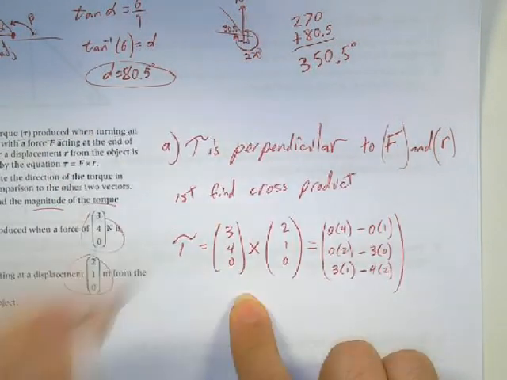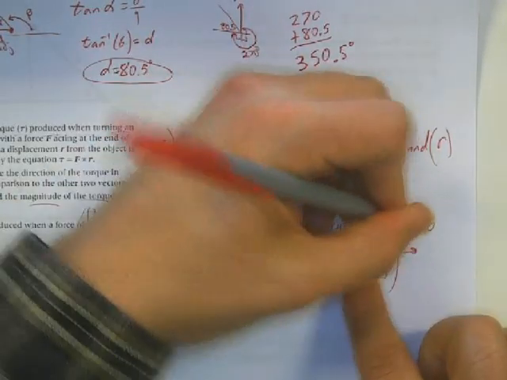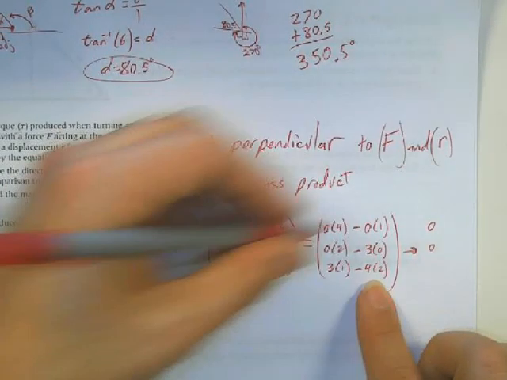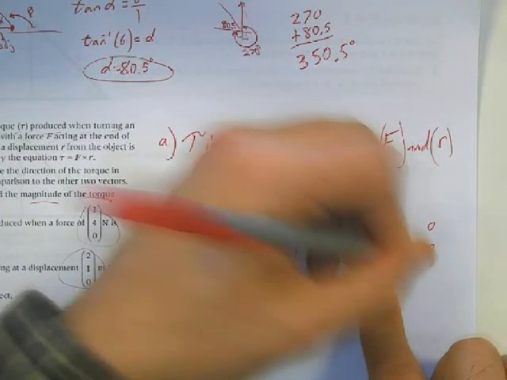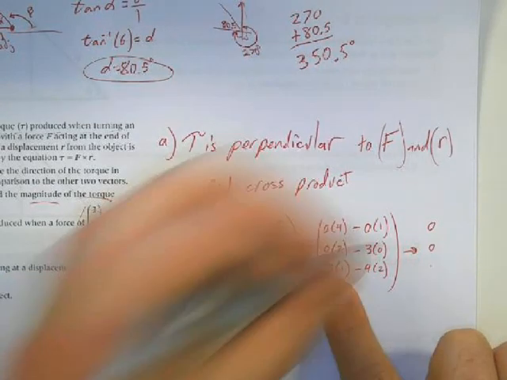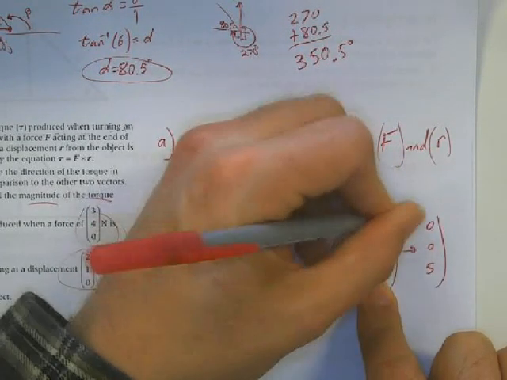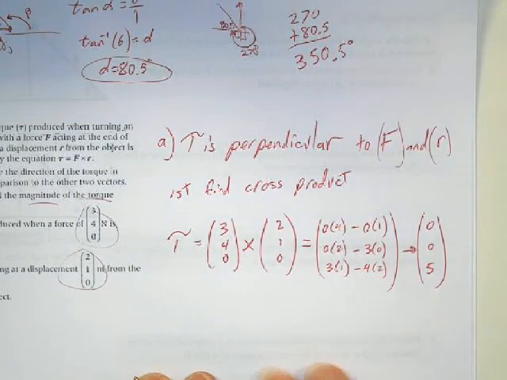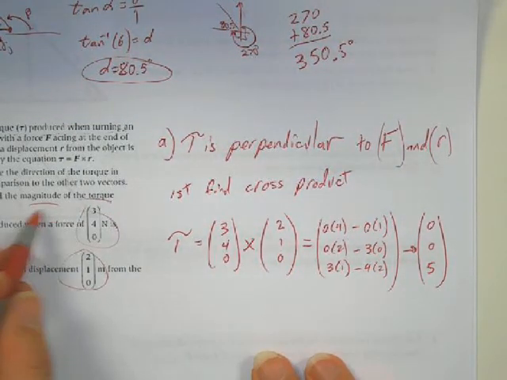Okay, and that simplifies to 0, 0, and 3 minus 8 is -5. So we're trying to find the magnitude of the torque. So now we have to figure out the magnitude.